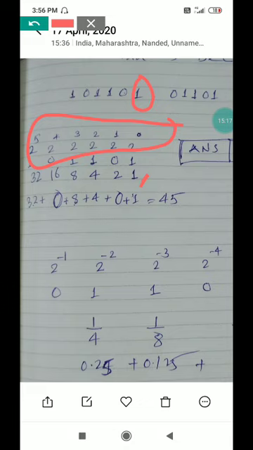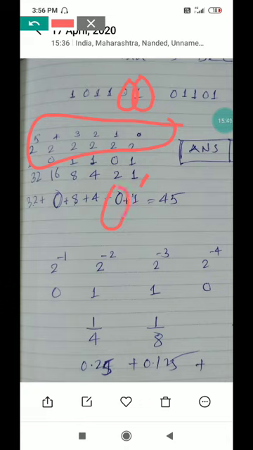Now 2 to the power 1 is 2, but we don't have a binary 1 here, so we don't consider 2 to the power 1. Therefore 0 comes in the final addition.